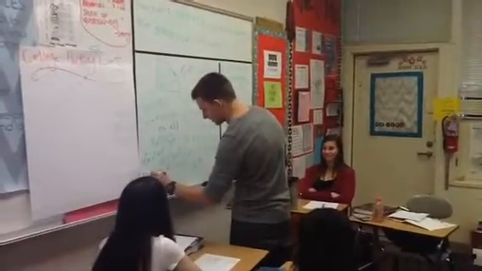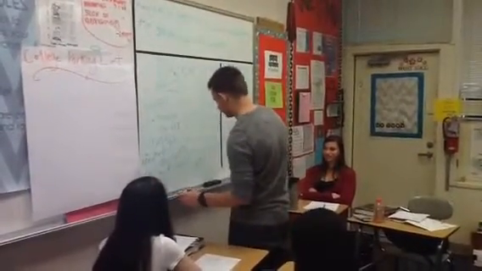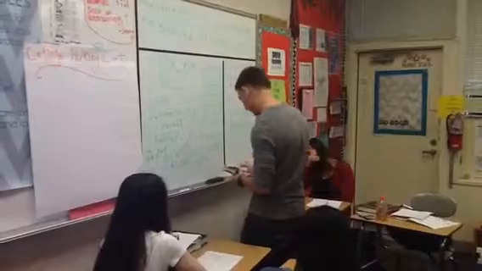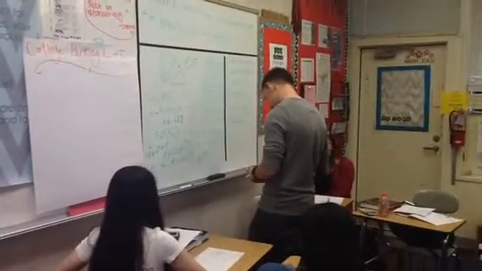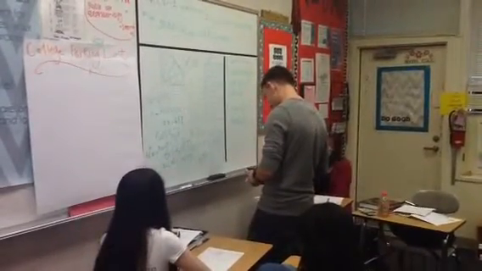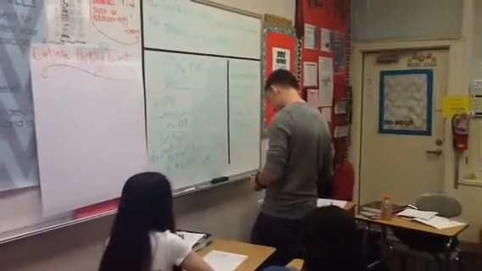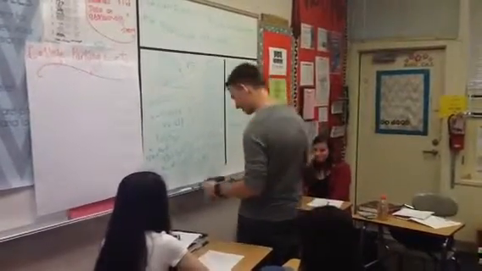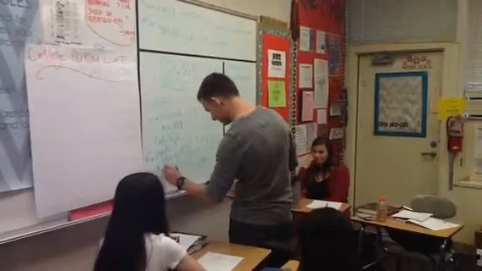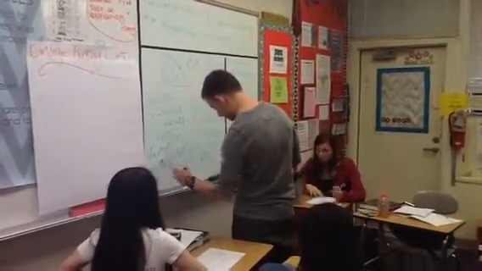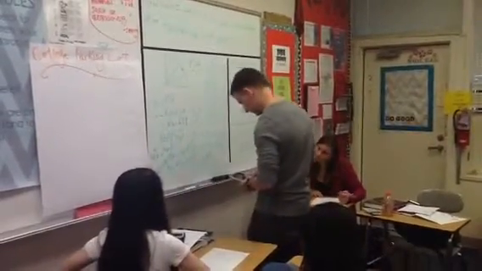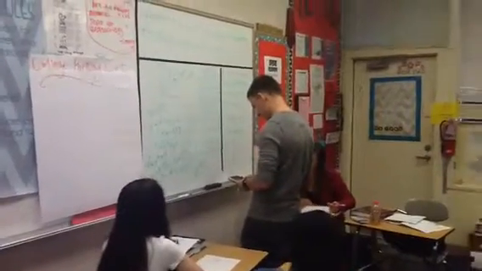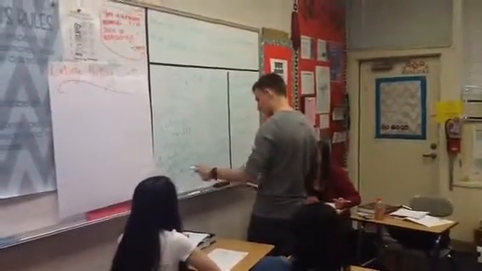So 16 equals 0.617 squared. Where are you getting those numbers? I squared x.